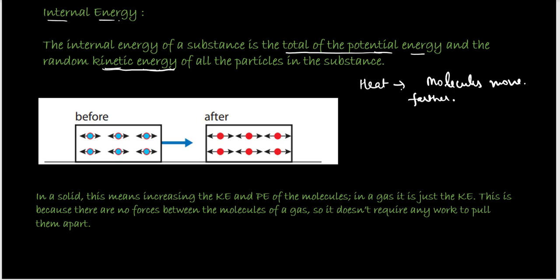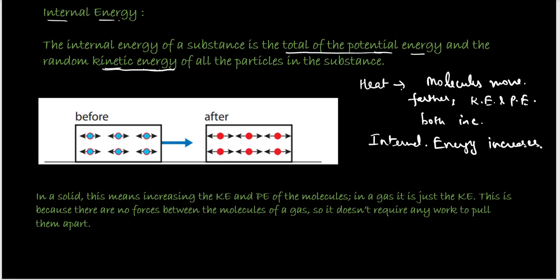So the kinetic energy and the potential energy both increase, and when both increase the internal energy also increases. That means on heating a substance you increase its internal energy.